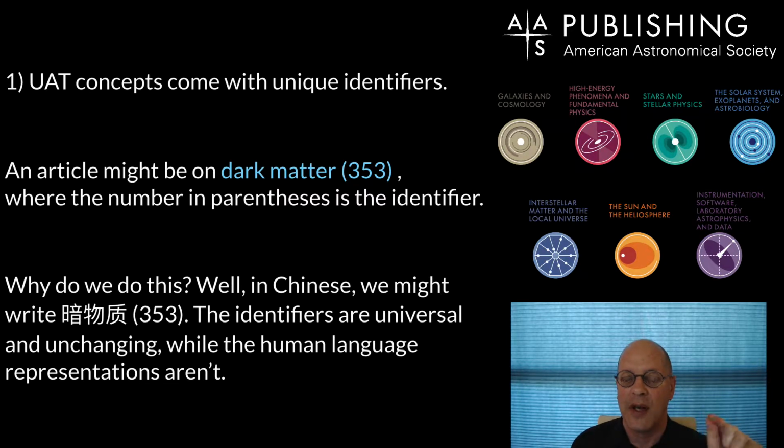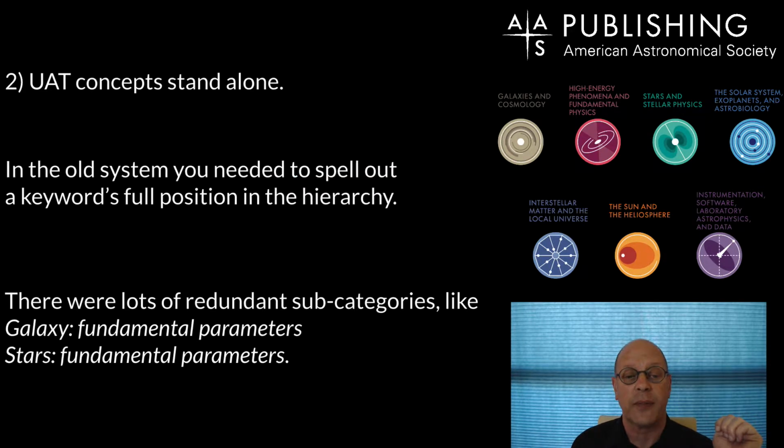The identifiers are a universal and unchanging integer, while the human language representations are not. They can vary across languages, but that integer number translates across. So they come with unique identifiers of what that concept is.